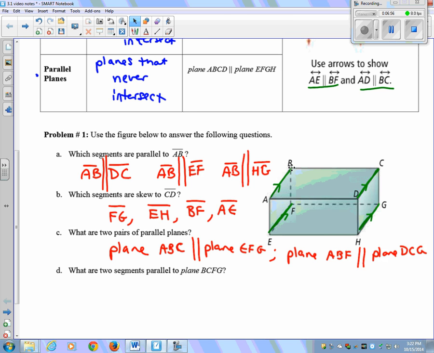We're talking about skew. They're going to be pointing in a different direction on a different plane, which means they can't be parallel or intersecting. So check your answers here. If we have CD, skew to CD would be FG, EH, BF, and AE.